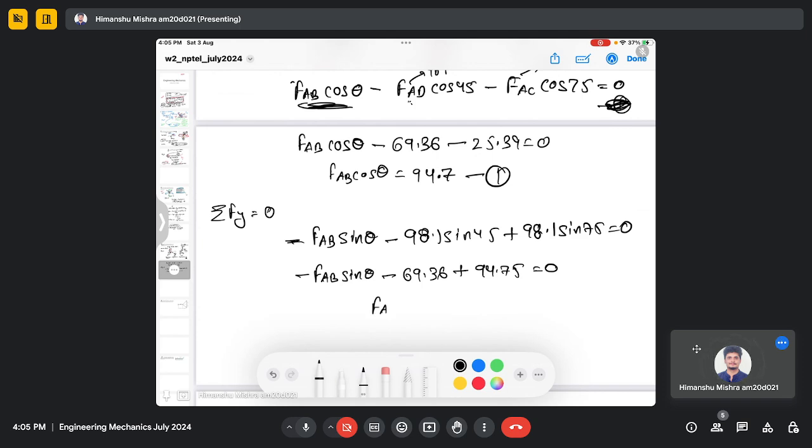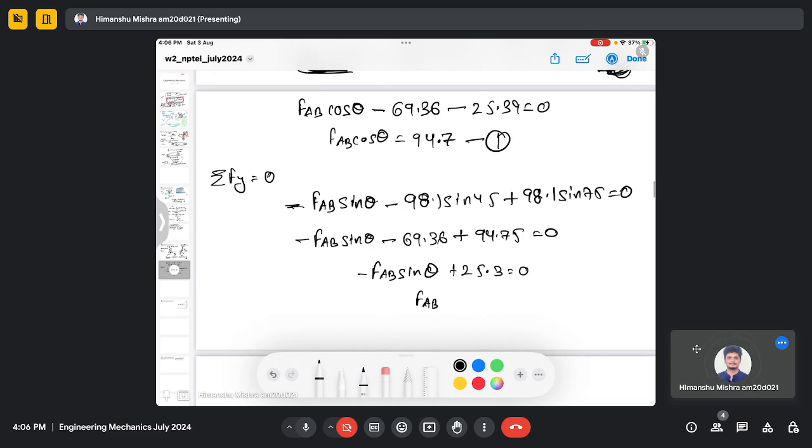So FAB sine theta equals 25.3. This is equation 2.